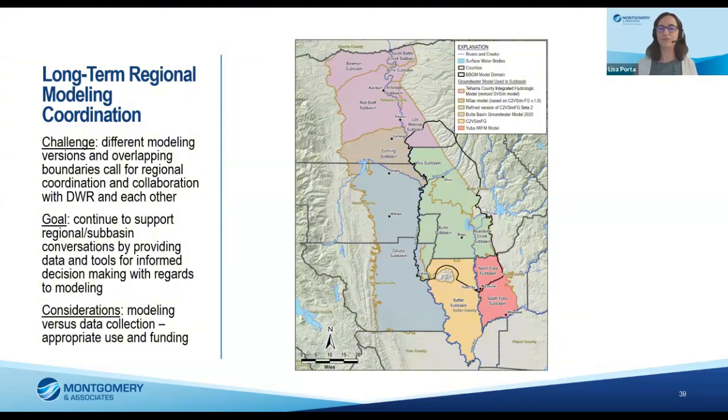So there is a role for models and there is a role for data collection. Understanding the appropriate use, funding, and availability of data versus modeling, and how data and models can inform each other, is also helpful for decision making as we move towards sustainability planning and implementation. So with that, I think I did enough talking for now.